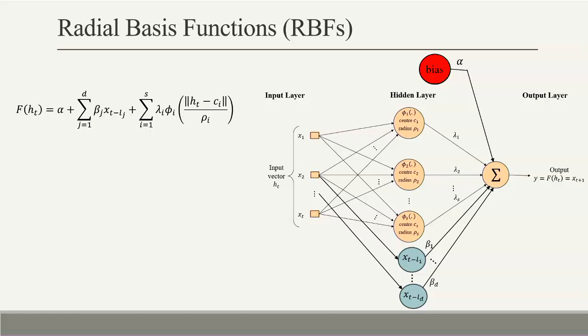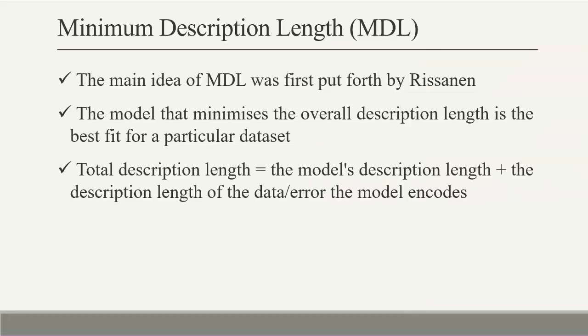The linear terms are designed based on the embedding lag of my data. So for L1 to LD, the number of them that I'm going to use should be between 1 and the embedding lag of the data that I use.